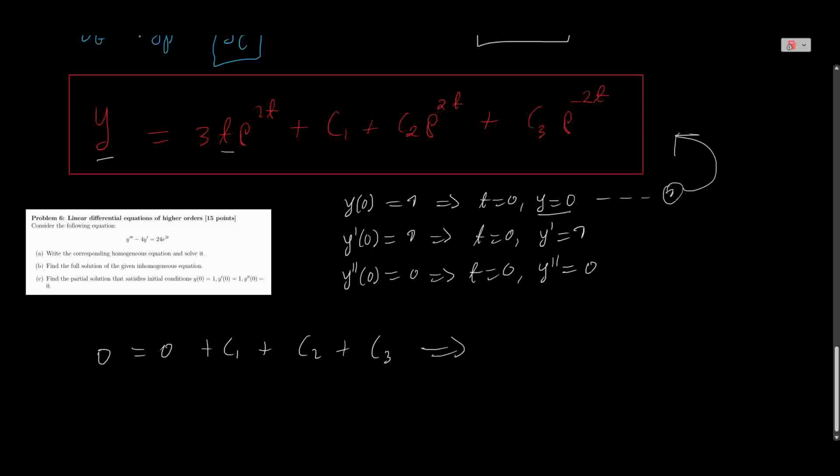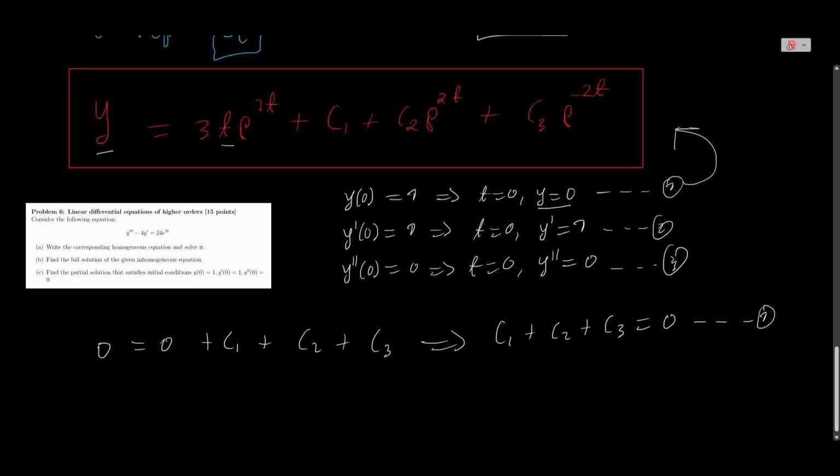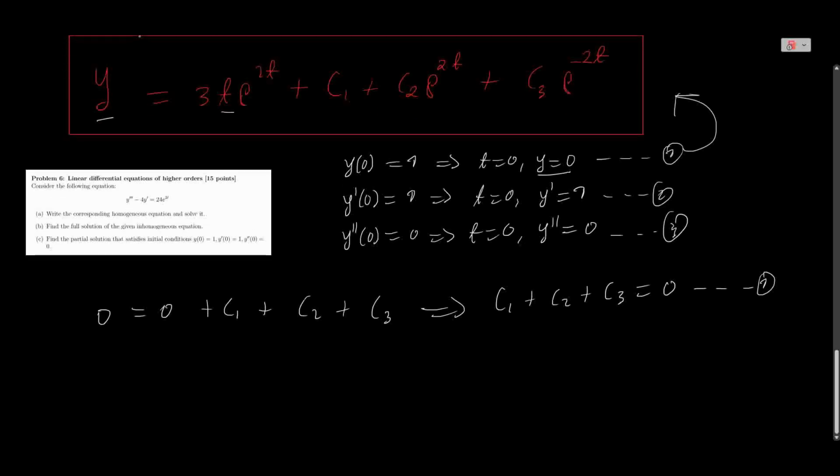This implies that c1 plus c2 plus c3 is equal to 0. This is our first equation. We're going to use the second condition and the third condition to look for the other 2 simultaneous equations.